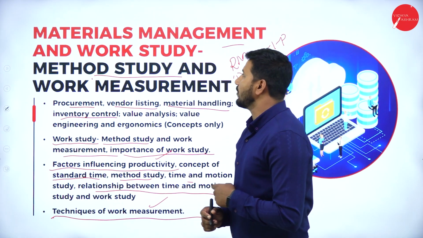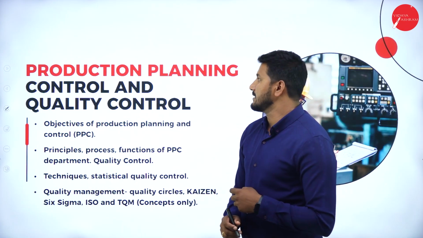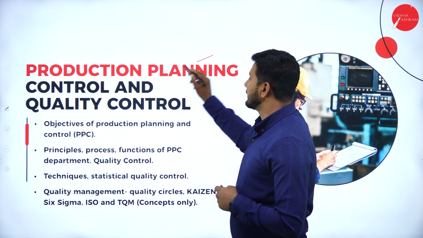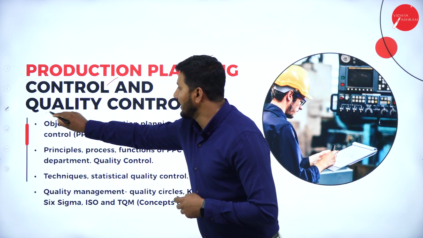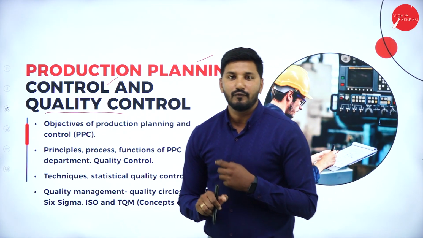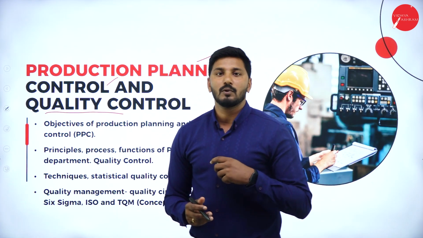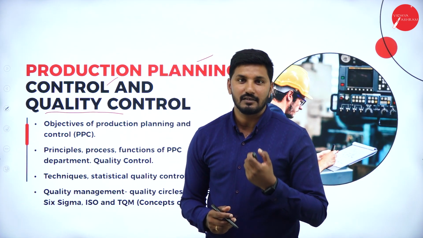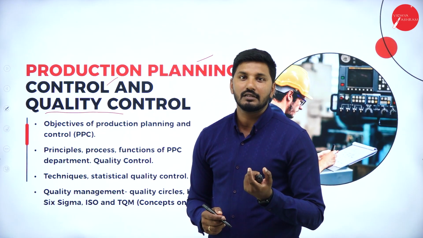So then we move on to the last module, that is production planning, control and quality control. In this fifth module, we get to know why planning is important before producing the product.